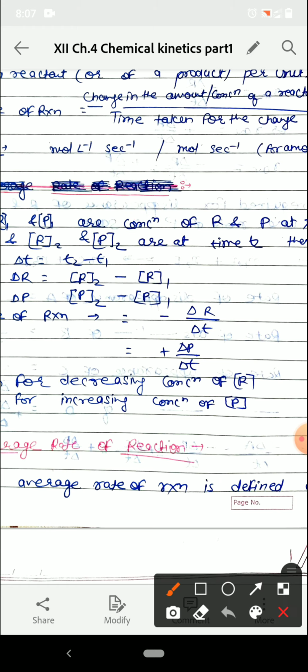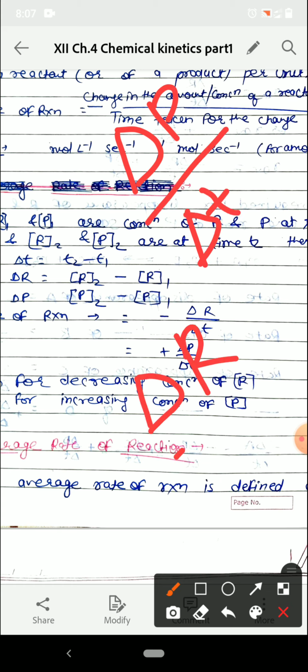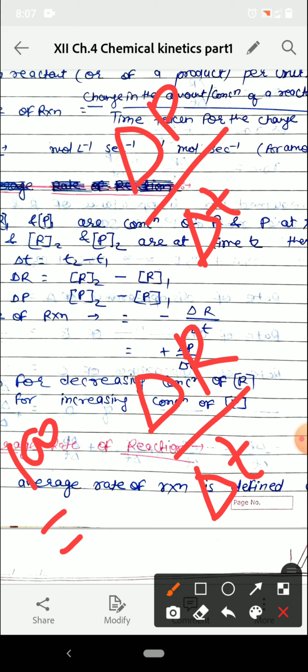Similarly, for the change in the concentration of product, it is delta P upon delta T. Okay, so one thing you have to remember here: ask yourself questions and answer them yourself. About the reactant, suppose at the start the reactant is 100%. When the reaction goes on, with time the concentration of reactant is decreasing because the reactant is converting into product. So the concentration of reactant is decreasing continuously and the concentration of product is increasing continuously.